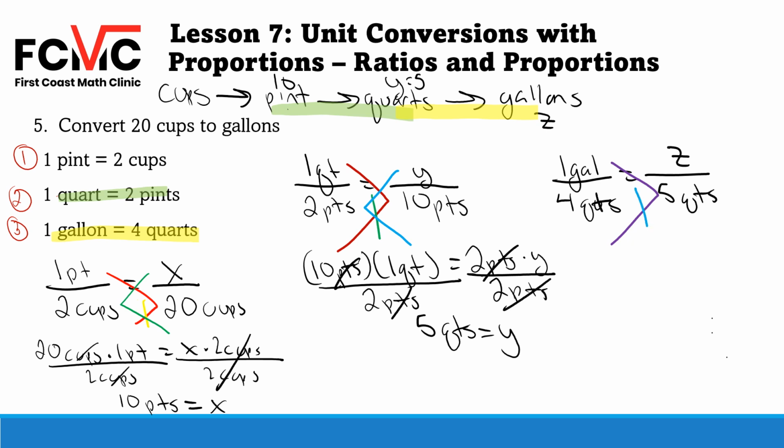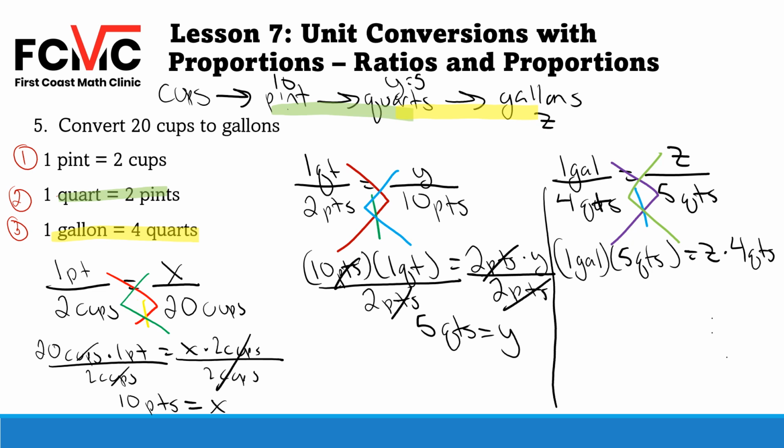Bring the equal sign down. Cross multiply. Draw a line here to separate this. So we're going to have 1 gallon times 5 quarts equals Z times 4 quarts.